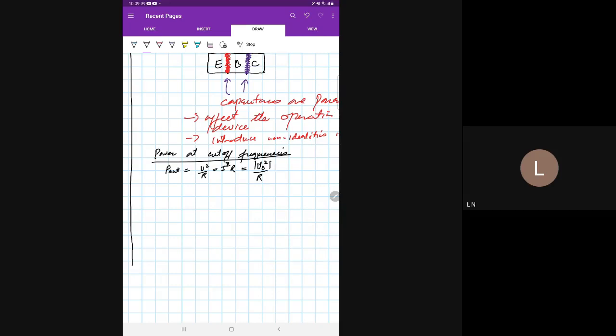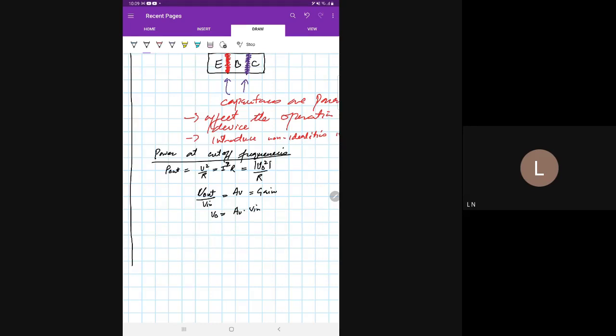But in our amplifier, we know V output divided by V input is equal to gain. So if V output by V input is equal to gain, then V output is equal to AV times V input.